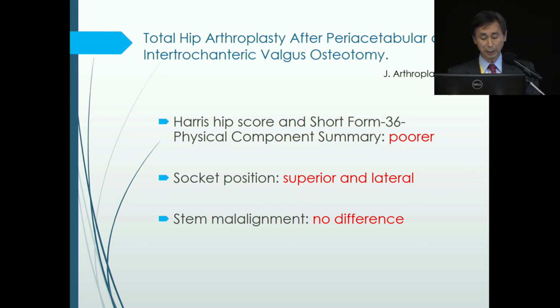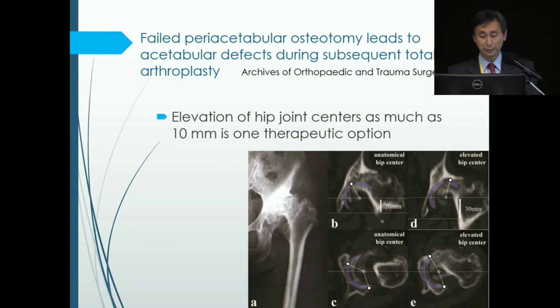However, stem alignment was not affected by valgus osteotomy. In this study, the radiological outcome was investigated after PAO. As in our results, the cup tended to be fixed in a higher position.